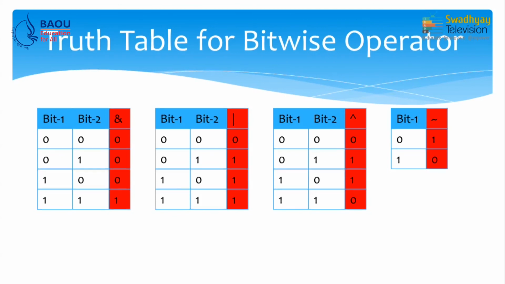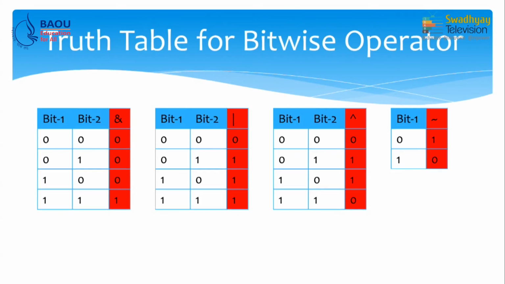are set to 0. In case of exclusive OR, if the bits are the same, we return 0. So, here 0 and 0 are the same, so we return 0. Likewise, in the last case we have 1 and 1, both bits are the same, so again we get 0.